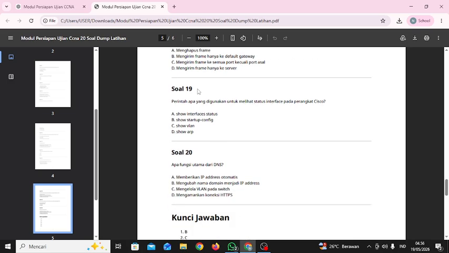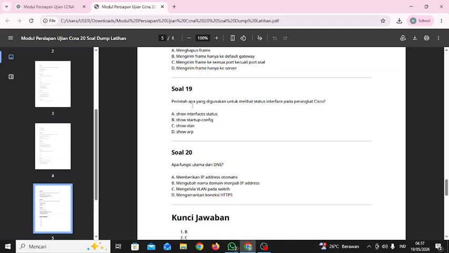Question: which command shows interfaces on a Cisco device? A. Show interface status. B. Show startup-config. C. Show VLAN. D. Show IP route. Okay. The correct answer: show interface status. A. Okay.